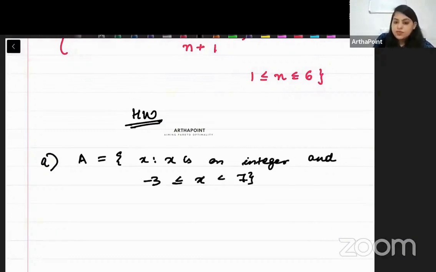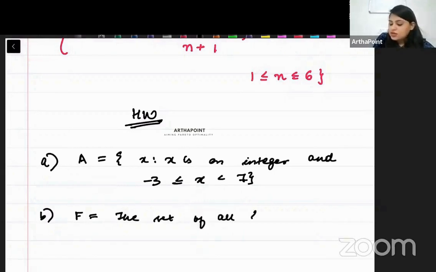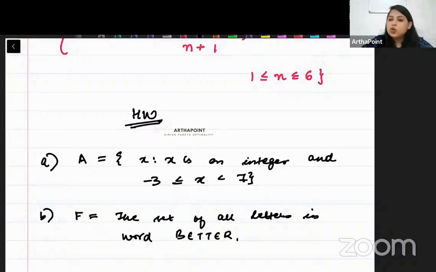That's the first question. Second, f is such that we have the set of all letters in the word better. You have to write the two in the roster format.